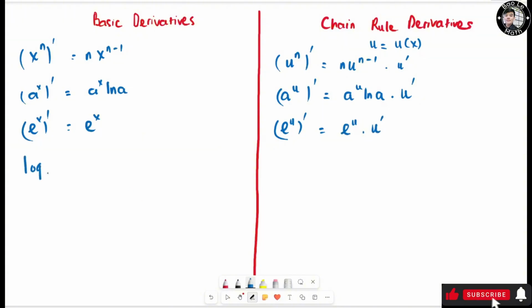(log base a of x)' is going to be 1 over x ln a.